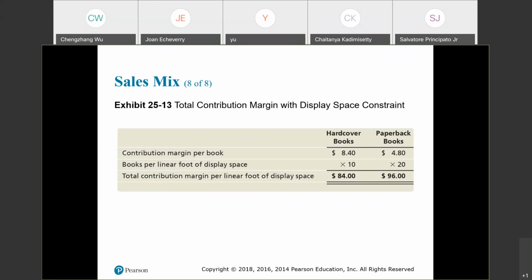Well, the following chart shows the average sales price as well as cost of hardcover books and paperback books.